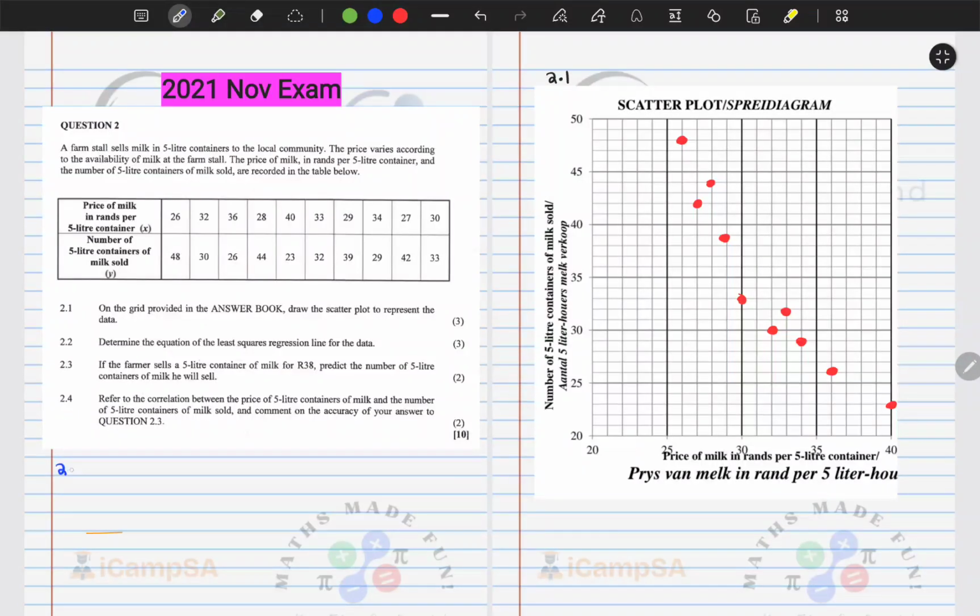Let's go to 2.2. For 2.1, what you should do is see next page. Now what we want to do is to deal with 2.2. For 2.2, we are required to determine the equation of the least squares regression line of this data.